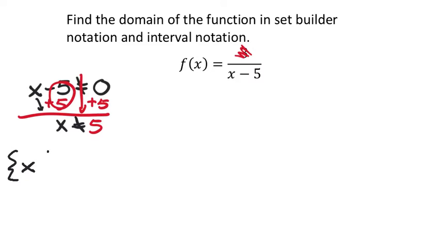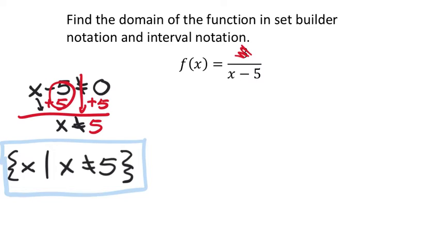So fancy brackets, x, you have a line there, and this reads x such that, now we need to make the statement, x cannot equal 5. Then we close it with fancy brackets. So again, the language here for the math is x such that x does not equal 5, and that would be set builder notation. So I'll box that part in for now.